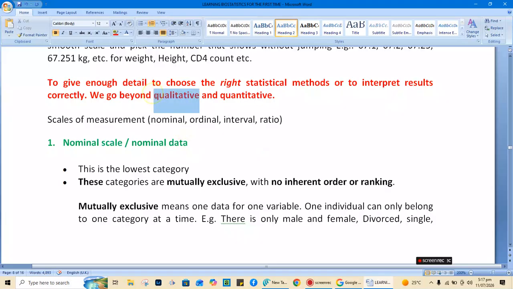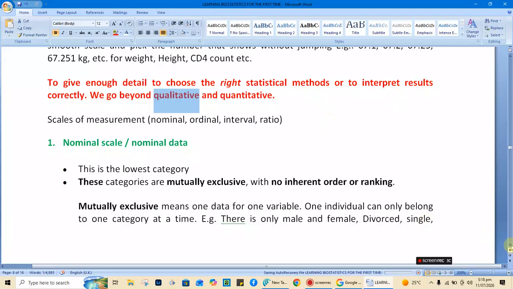Quantitative data is numerical, and you obtain it through measurements. There are two types of quantitative data: discrete data, whole numbers including 0, and continuous data that has got points, like 6.5 kg in terms of weight, or 9.8 in terms of height or blood pressure.